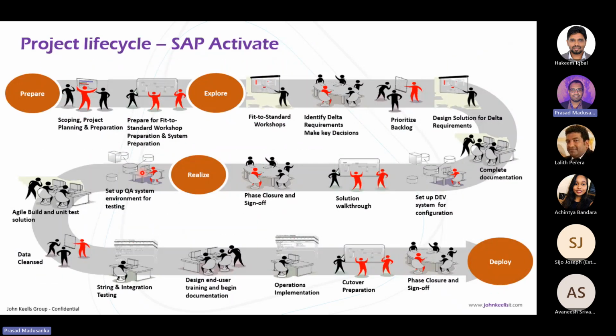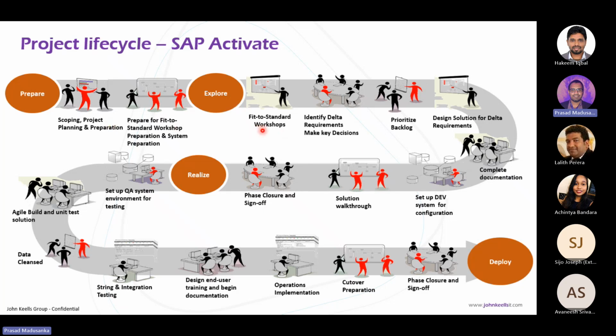A normal project is like this. We will start preparing the project and plan the fit to standard workshops. In the explore phase, the first main thing is the fit to standard workshop.